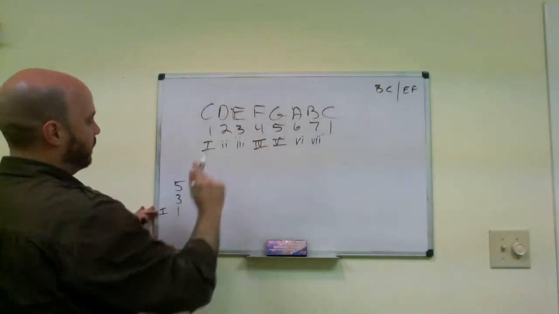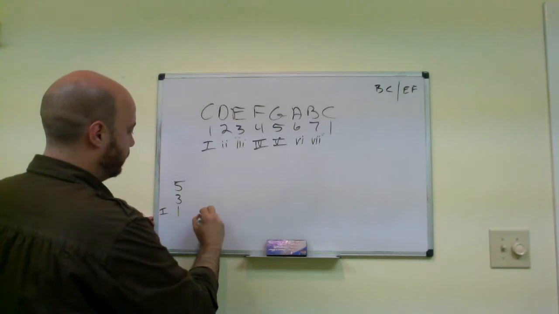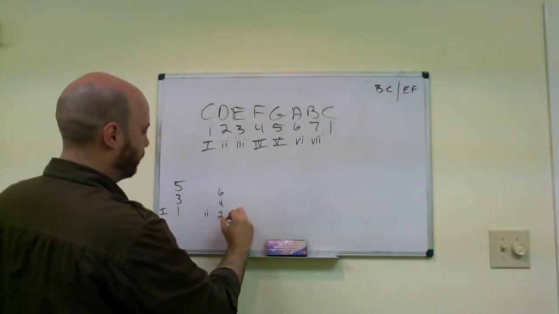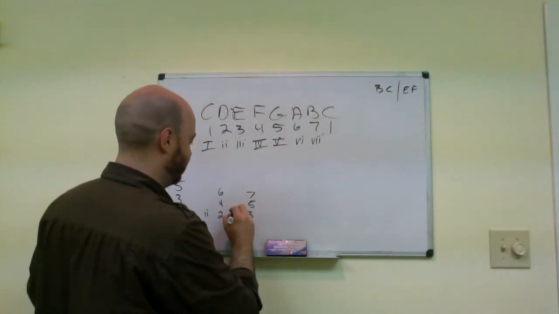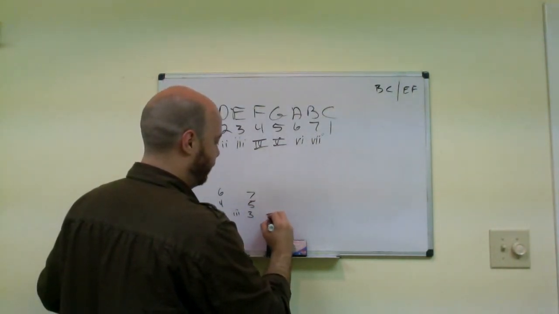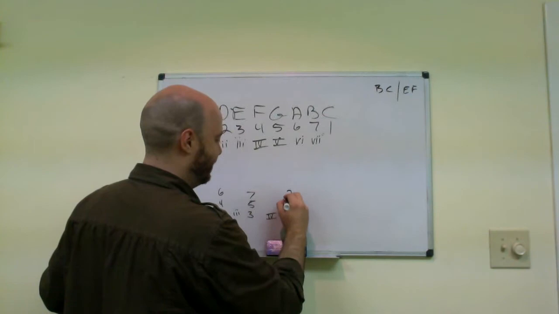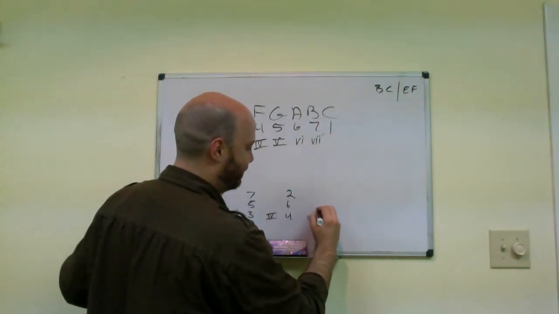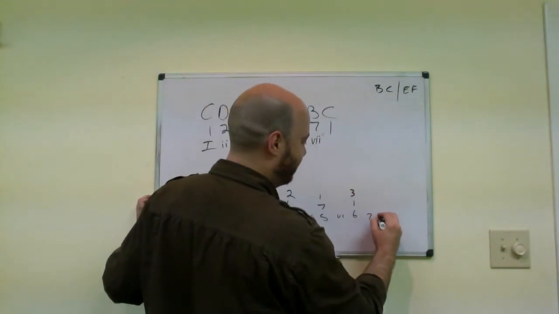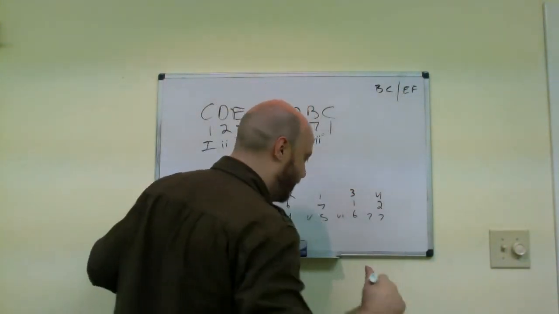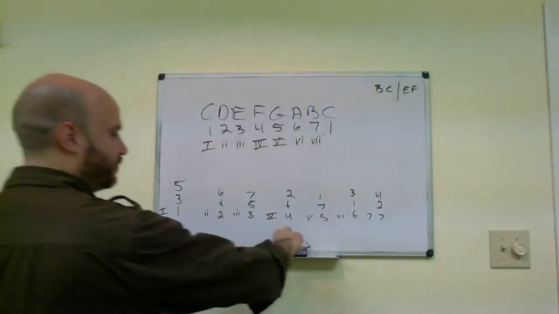You skip a note, skip a note. The 2 chord is 2, 4, 6. The 3 chord is 3, 5, 7. Let's see how fast I can do this without actually messing up, because I usually mess it up. The 4 chord is 4, 6, 2. I'm trying not to think about it, just do it. 5 is 5, 7, 1, 6 is 6, 1, 3, 7 is 7, 2, 4. And I'm pretty sure I just did that right.